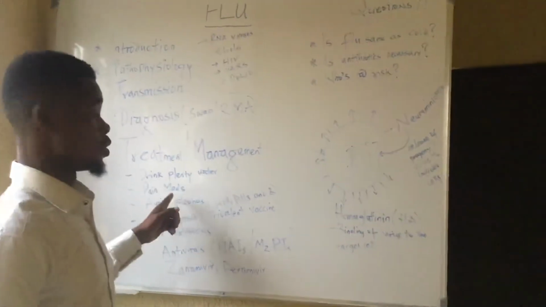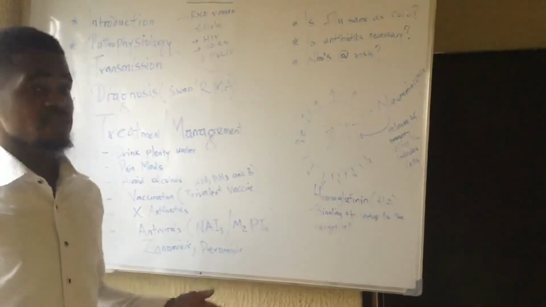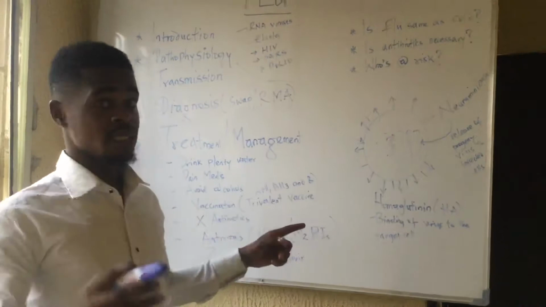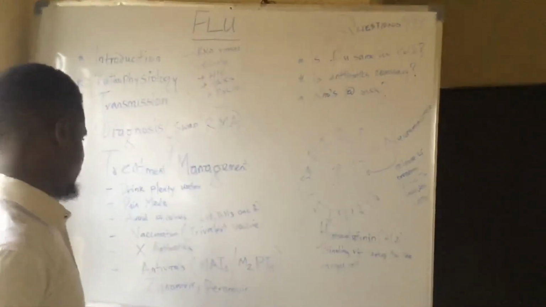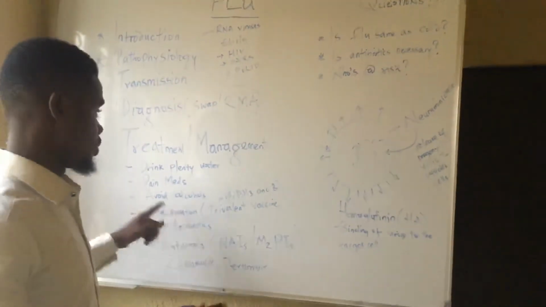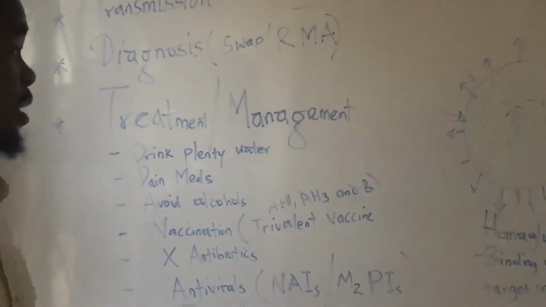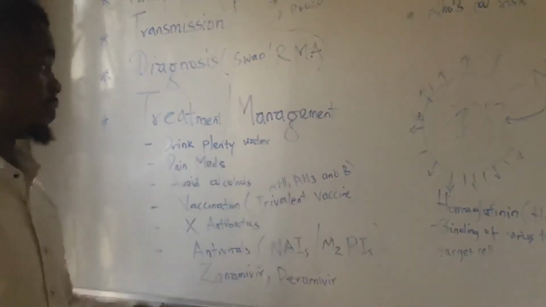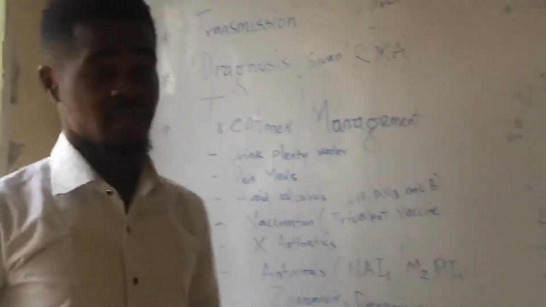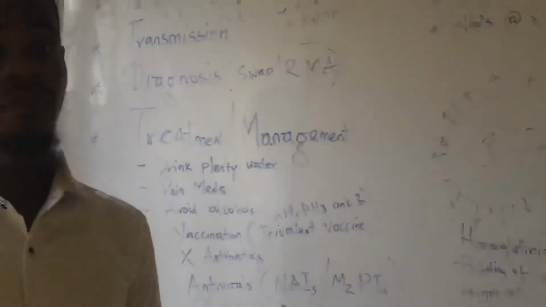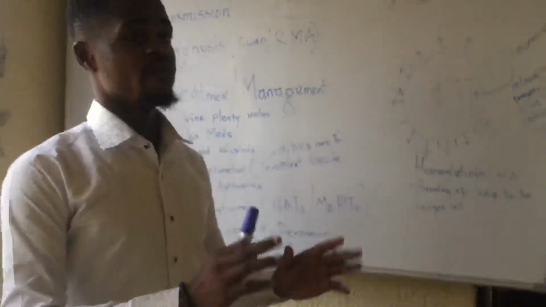We can also give aspirin, but aspirin should not be given to children below 5 years to avoid Reye's syndrome. Also, people should avoid alcohol when taking pain meds and other medications. But like I said before, vaccination is the most effective form of preventing influenza.